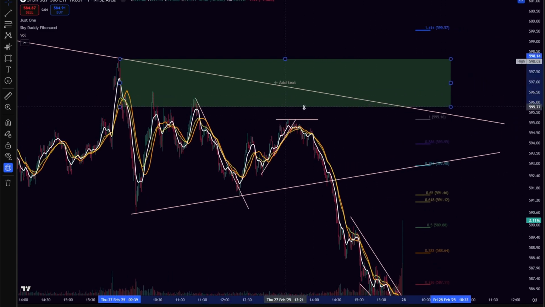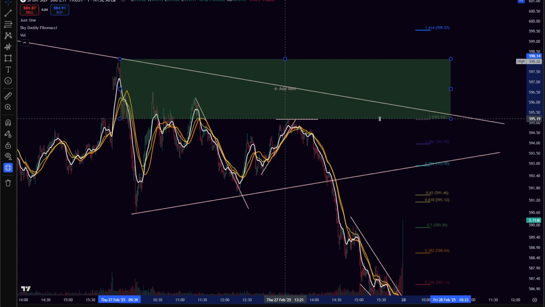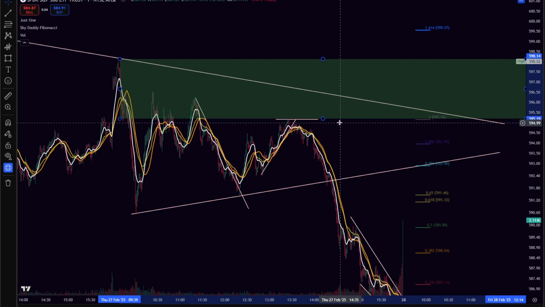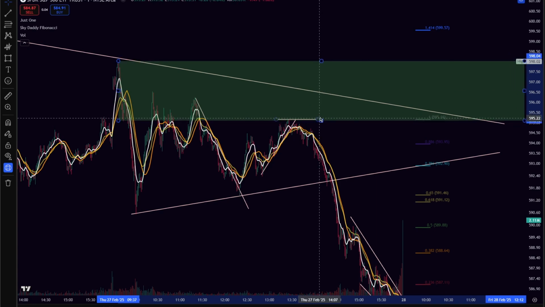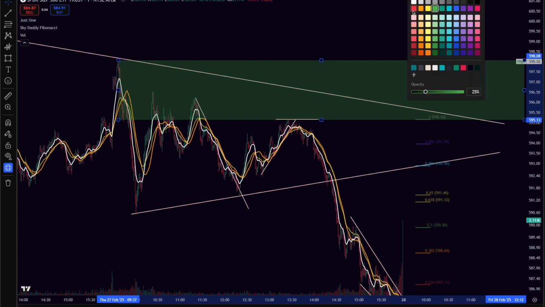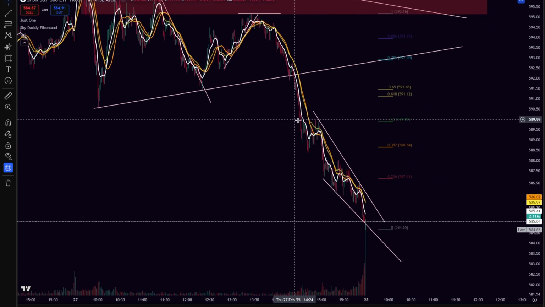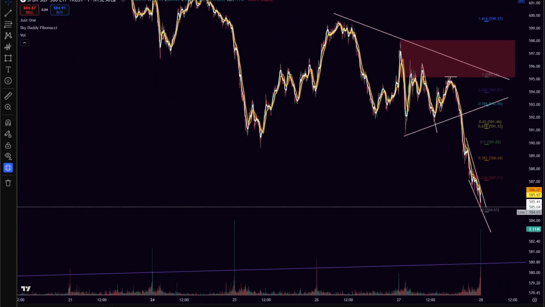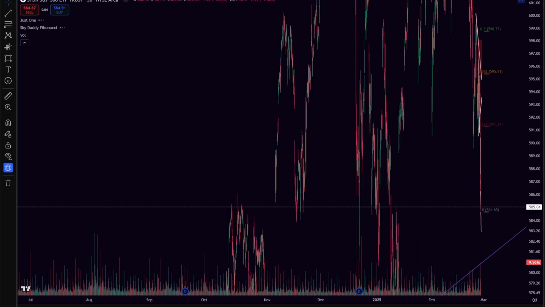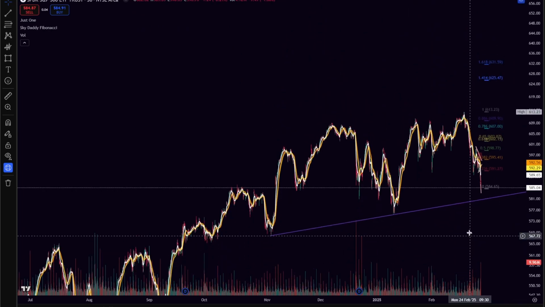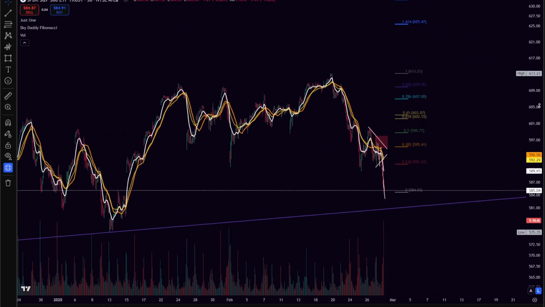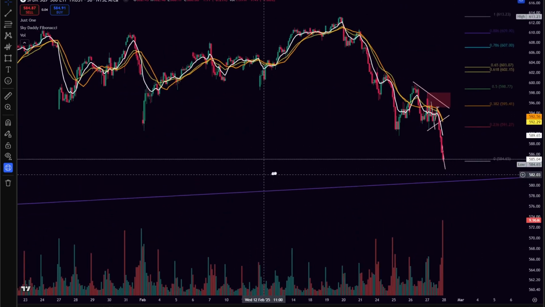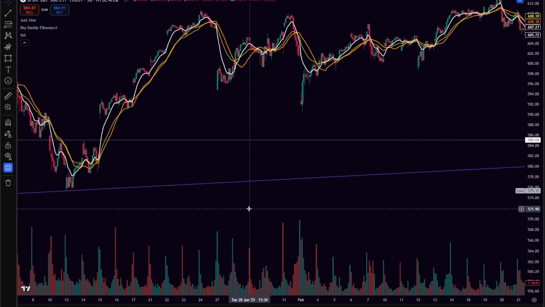So yeah, at least you know for tomorrow that you have this very large area here. Red. And then I don't even know where we are. Half hour time frame.